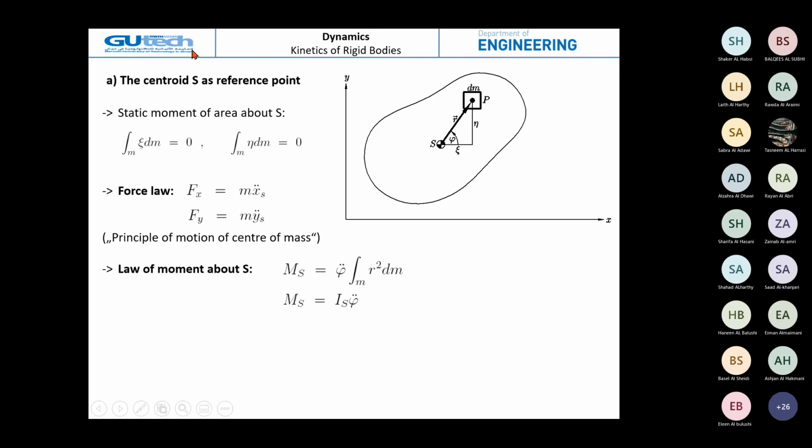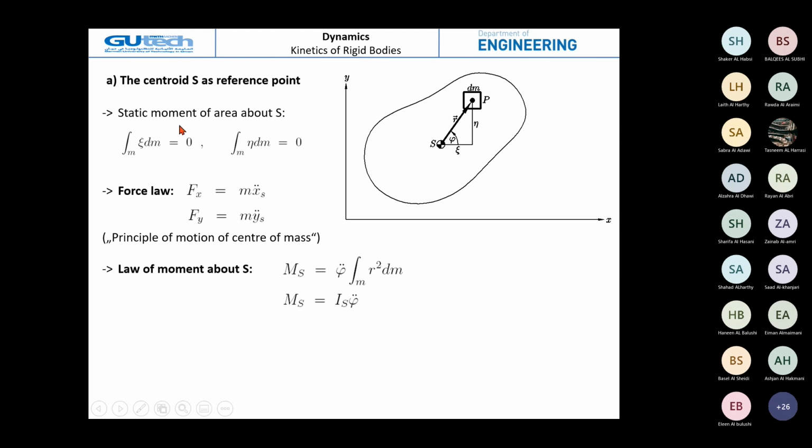Now we take the center of weight S as a reference point. We have our point P. Now, instead of using the point A, we will use the center of weight S. The distance to the center of weight is ξ, as we have seen, and η.